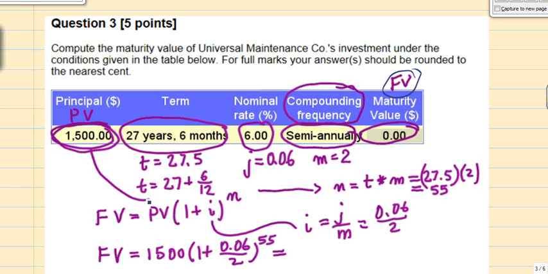So T is equal to 27.5, J is equal to 0.06, I is equal to J over M, which is 0.06 over 2, and N, the number of compounding periods, is 55. Plugging into the formula, future value is equal to present value times 1 plus I to the power of N.